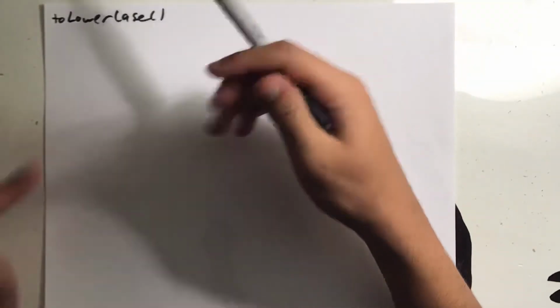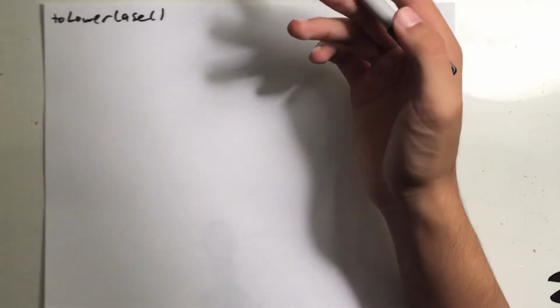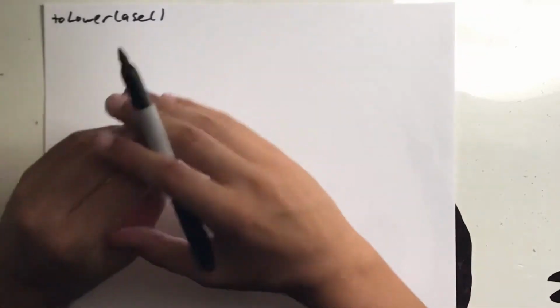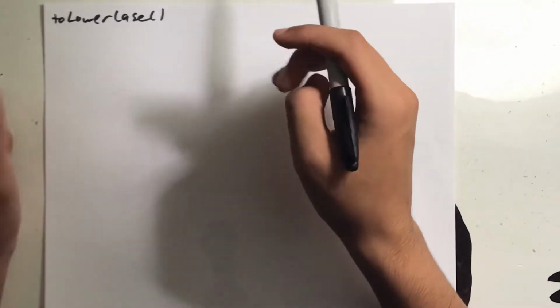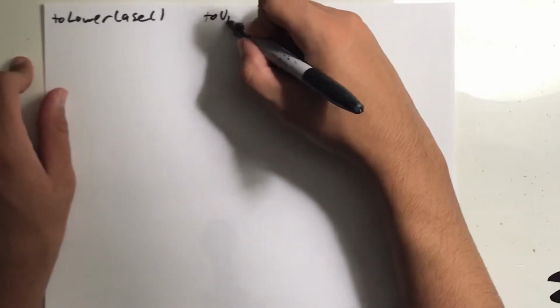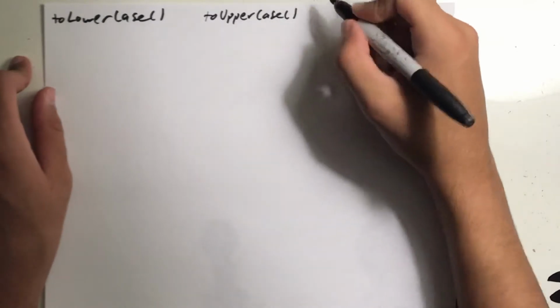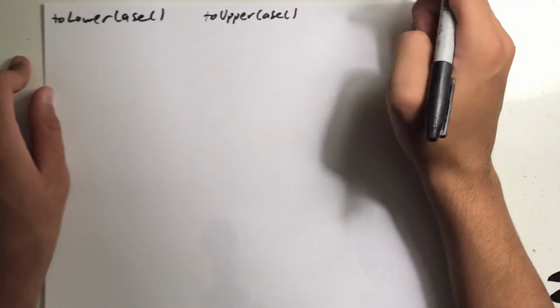If the letter is already lowercase, it stays lowercase. If the letter is uppercase, it'll turn lowercase. And if it's a number or a symbol, it'll stay that number or symbol. It just turns all the letters lowercase, okay? And the toUpperCase method does the same thing, but obviously in reverse. It turns all the letters uppercase, okay?